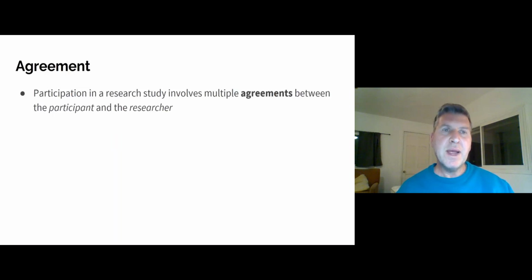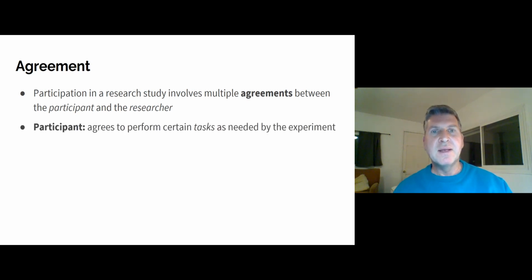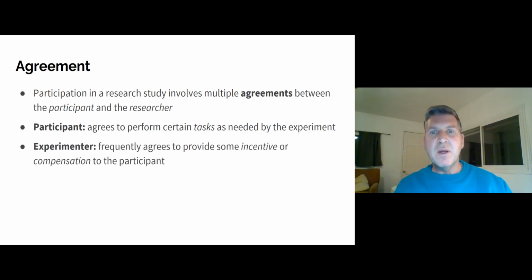Typically, the participants are given a statement or a questionnaire or some kind of way in which they can agree that they will participate and they understand perhaps the consequences of participation. So they will do the tasks, and the experimenter will give some kind of incentive or compensation to the participant.